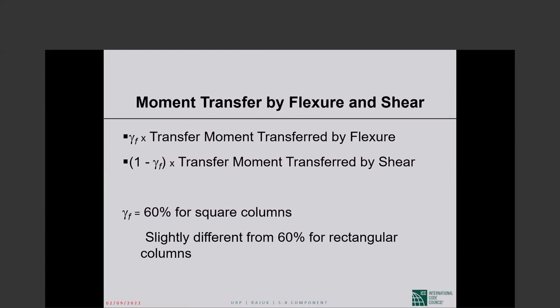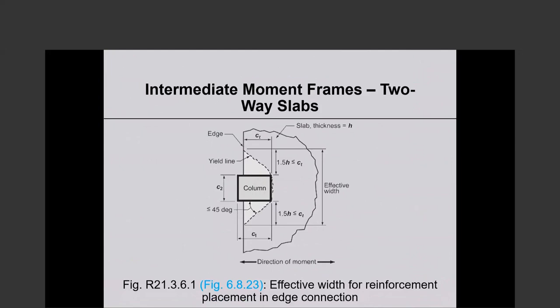Gamma sub F is 60% for square columns, and the reinforcement that we need to resist this 60% of the unbalanced moment by flexure has to be placed within a narrow moment transfer band, the width of which is the transverse column dimension C sub 2 plus 1.5 times the slab thickness on either side.